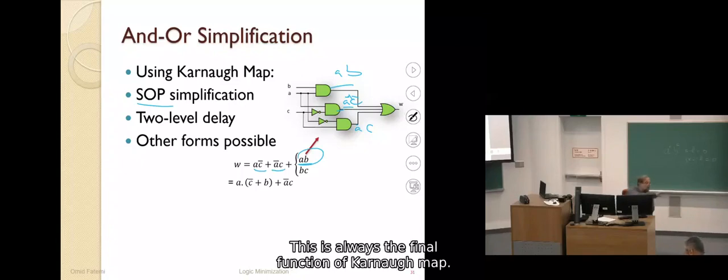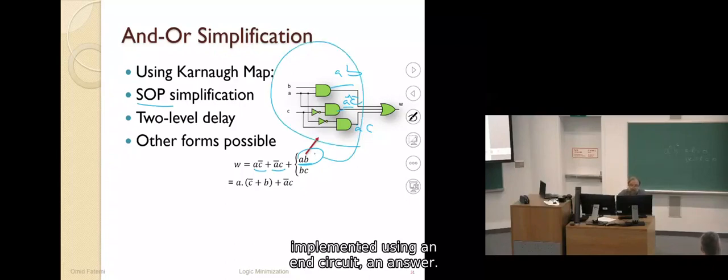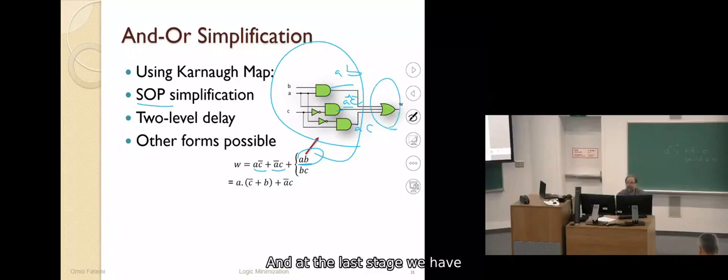So this is always the final function of Carnot map, and it could always be implemented using an AND circuit, and at the last stage we have an OR, which sums them together. The AND part calculates the product terms, and this OR calculates the sum. This is a Carnot map.